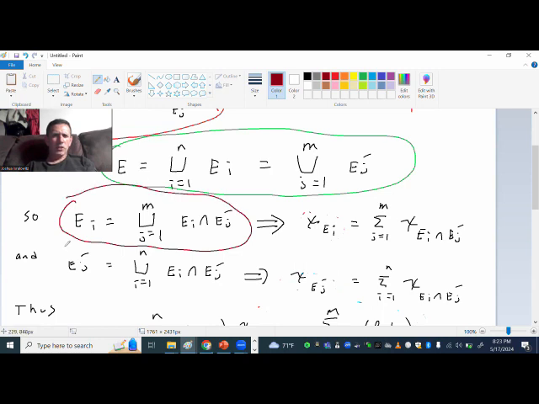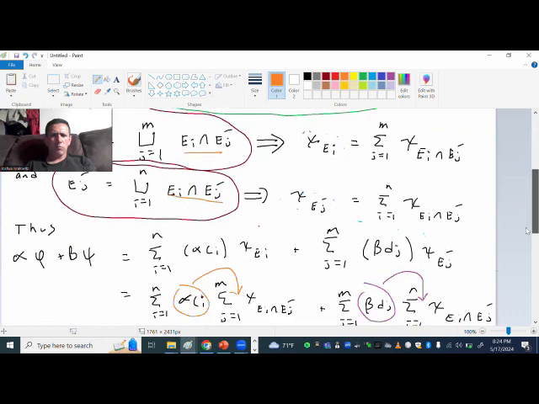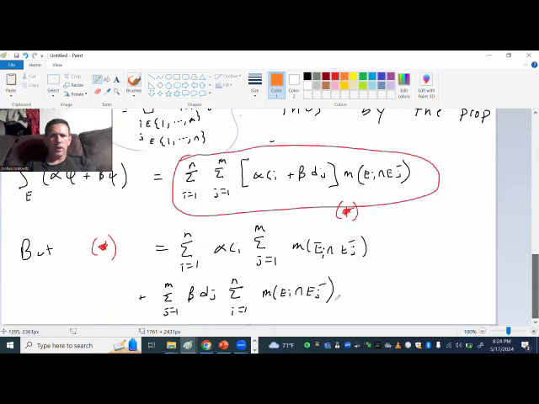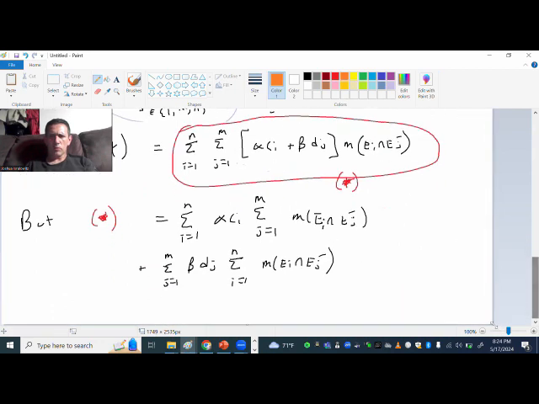So this says the measure of E_i is the sum of the measures of this over j equals 1 to m. Same thing for E_j prime, the measure of each one of these is the sum i equals 1 to n of the measure of these. So we're just going to use this, plug it into here, and then we'll be done.